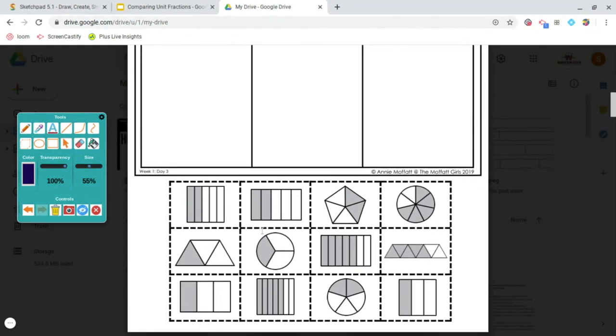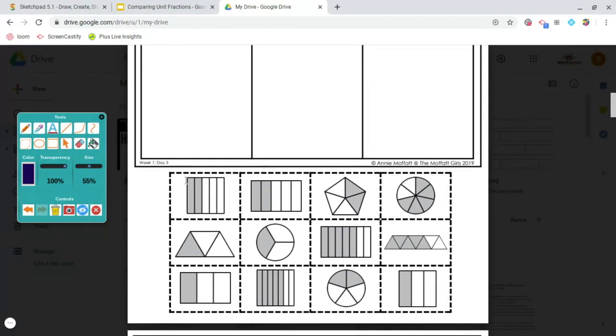And so we go down here to our images, our geometric shapes. Here we have a square. And first, you should count the total number of sections or equal sections that the shape is split up into, and that will be your denominator. So if we look at this first one right here in the upper left corner, we see we have 1, 2, 3, 4, 5.